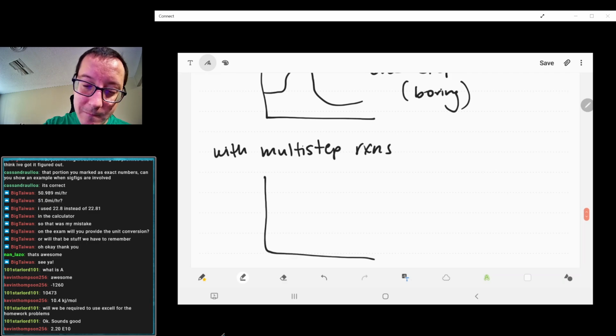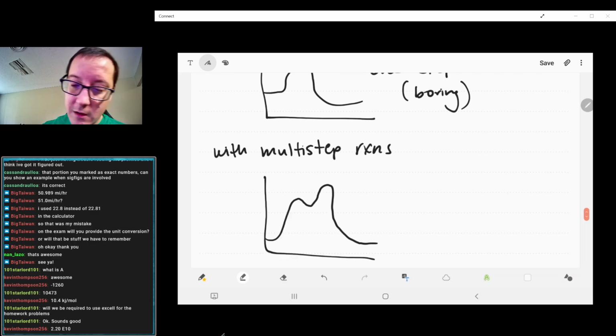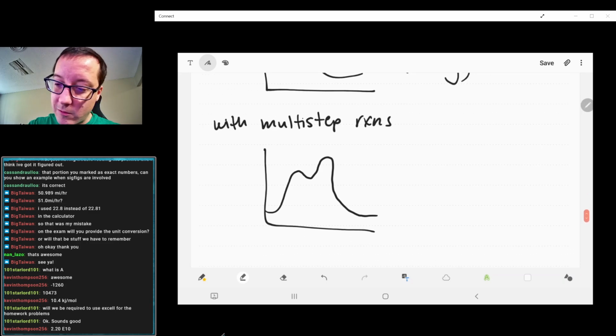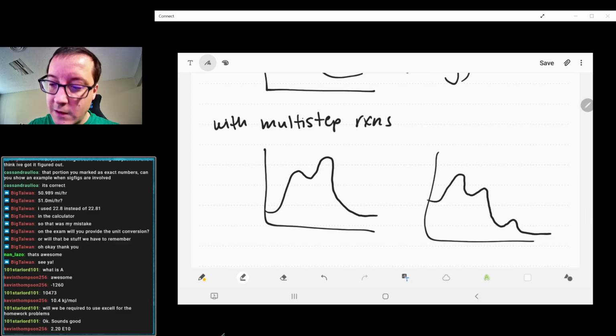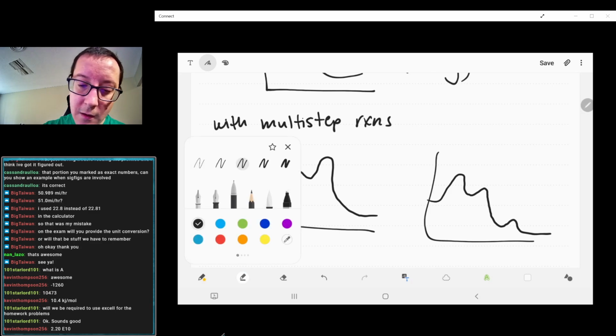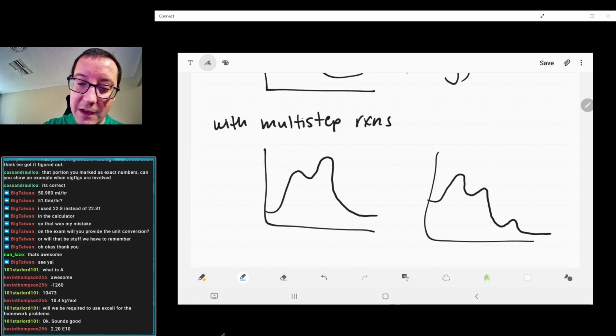Or we could have a three-step reaction or something, where we would end up having all these humps. And we're going to see that we have different activation energies for each one.